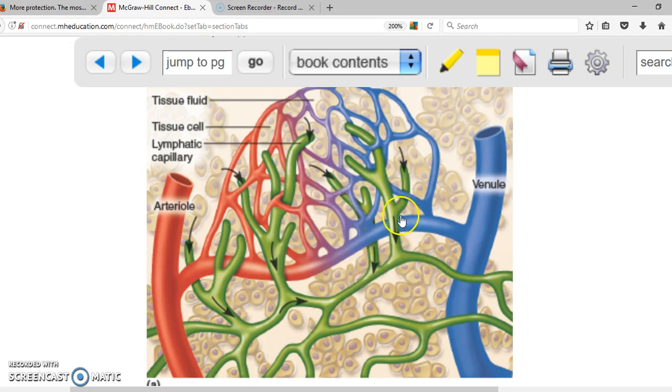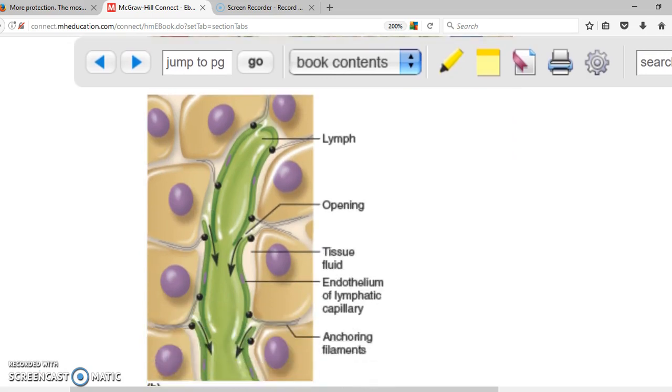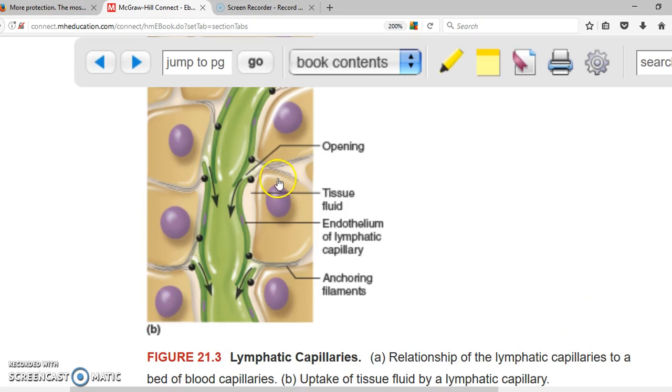Okay, very important, because the excess fluid that is not going to be reabsorbed by these capillaries is going to be reabsorbed by the lymphatic vessels, in this case the lymphatic capillaries. Okay, so if we keep scrolling down right here, you can see the lymphatic vessels again allowing this different fluid to be reabsorbed through it.